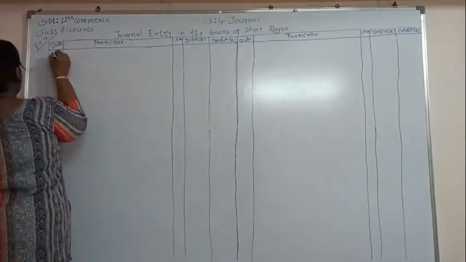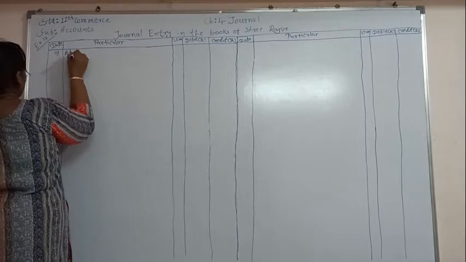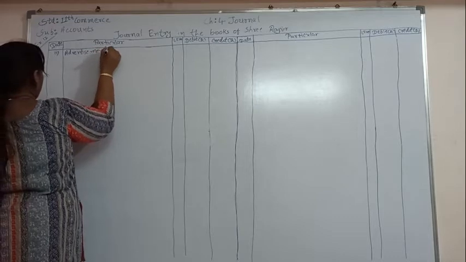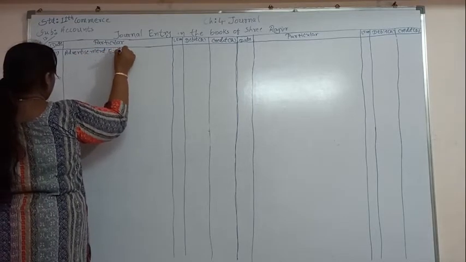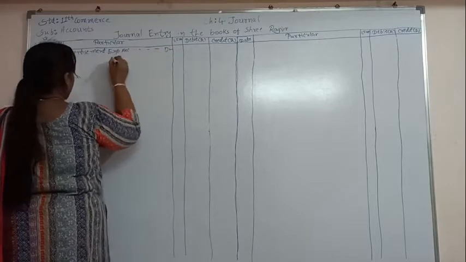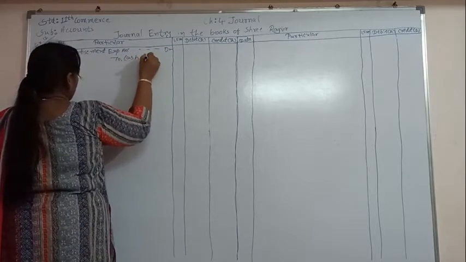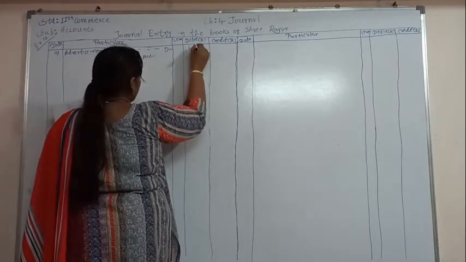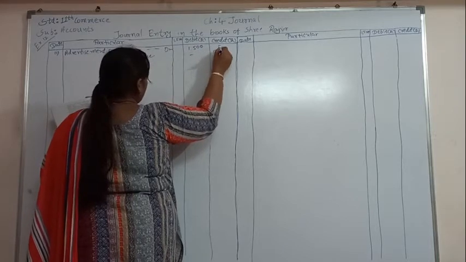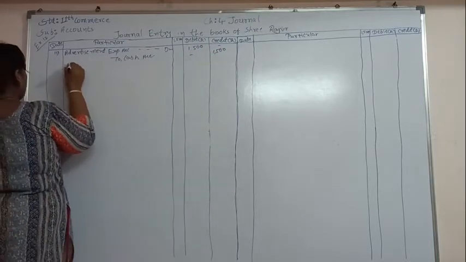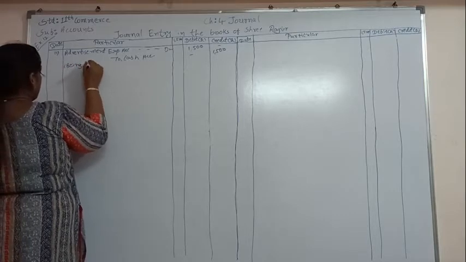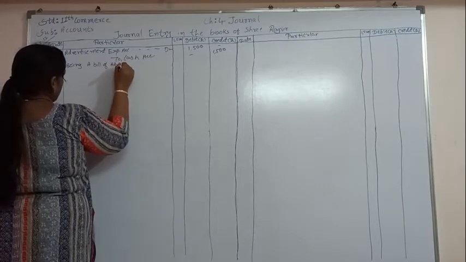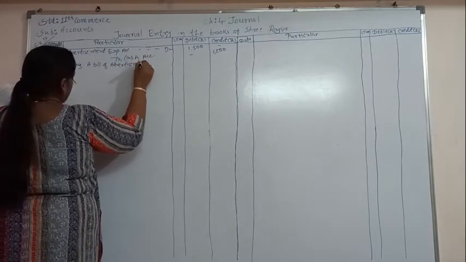So here advertisement expense account debit to cash account, and the amount is 1,500. Being a bill of advertisement paid.